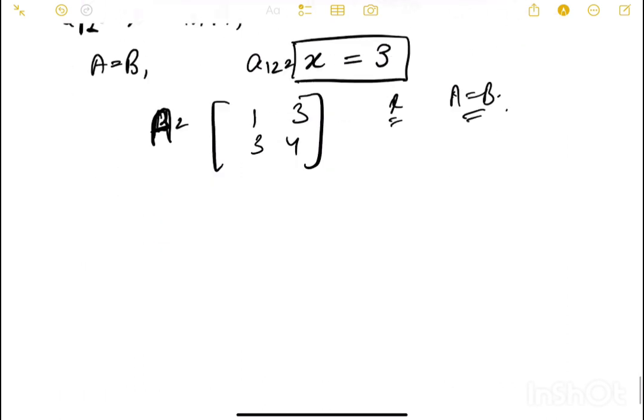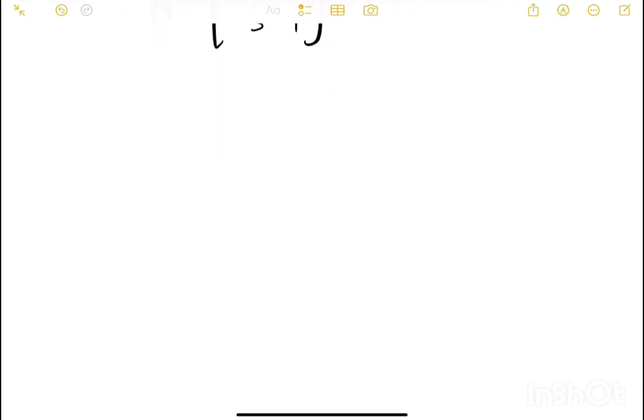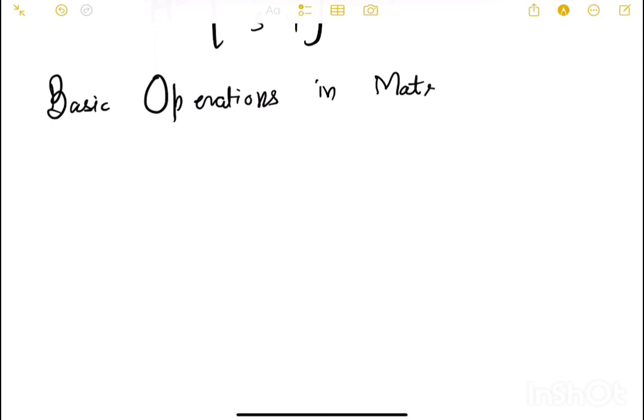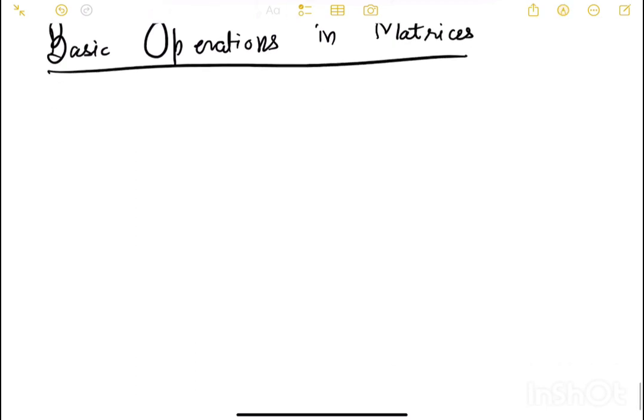Okay, now the second last agenda is: what are the basic operations in matrices? Now the first one is the basic addition. In addition there are two conditions.